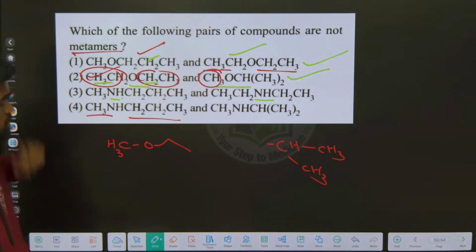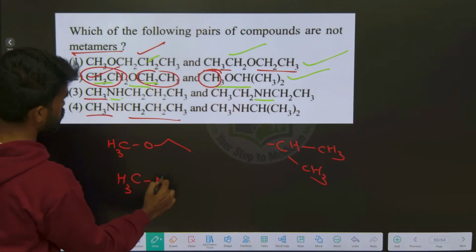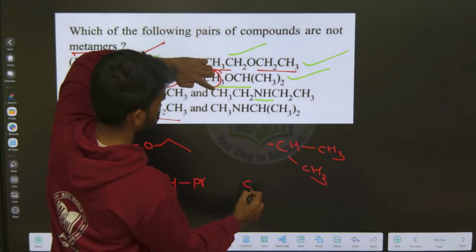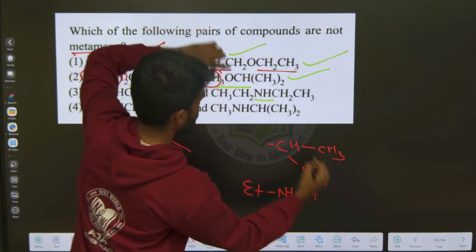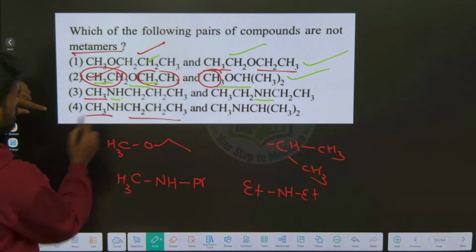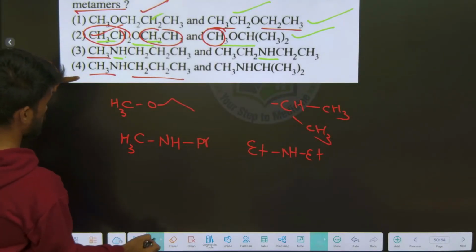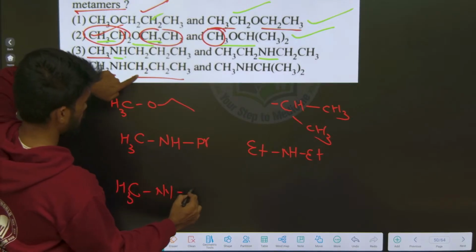This is also metamers. Next here CH3, NH, and this side propyl, and this one is ethyl, NH, ethyl. Next here, the last one we can cross verify again, CH3, NH, propyl.